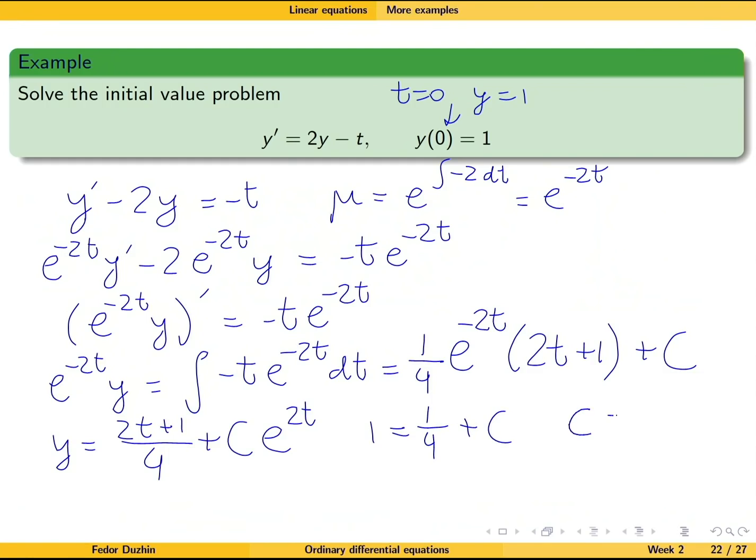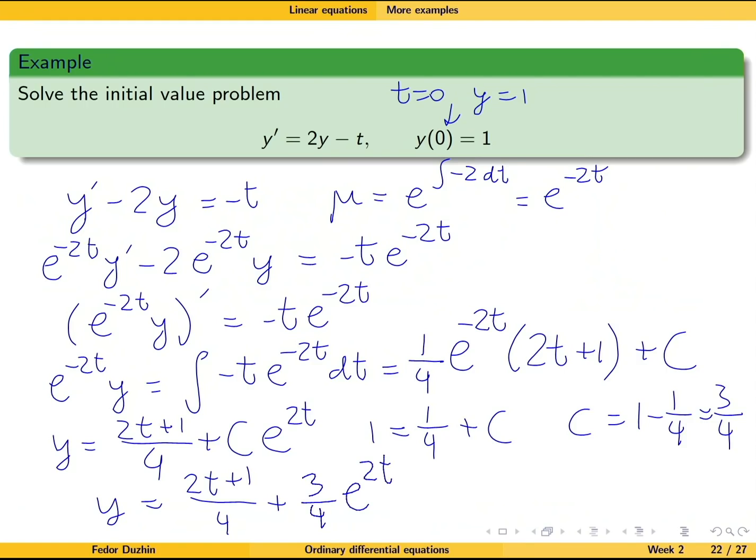So our constant is 1 minus 1/4, which is 3/4. Finally, we can write the final answer. So the final answer is that y equals 2t plus 1 over 4 plus 3/4 e to the 2t.